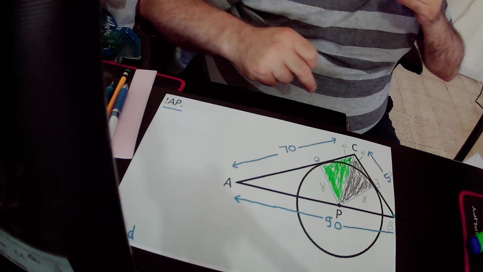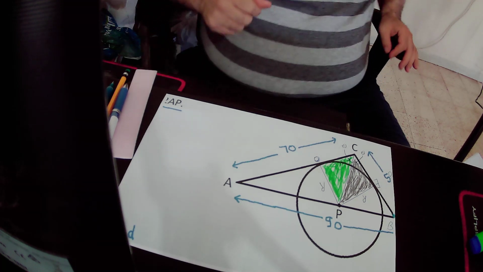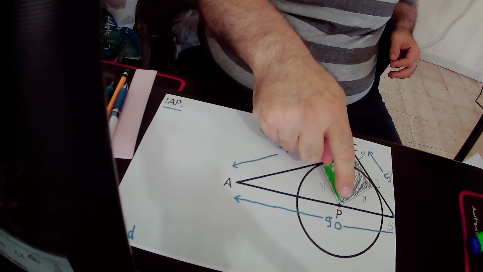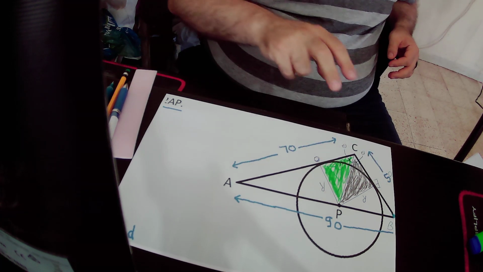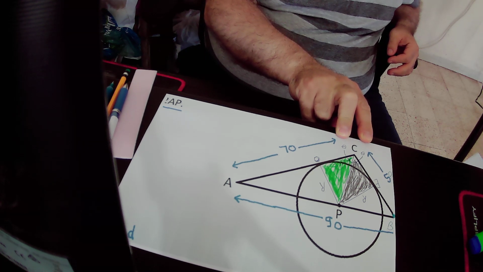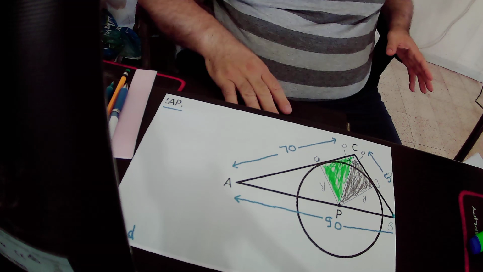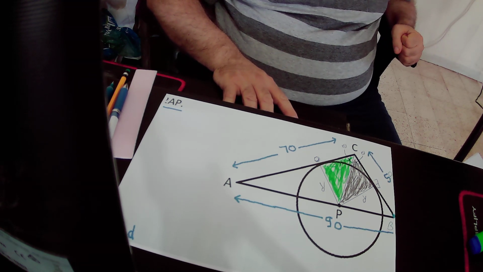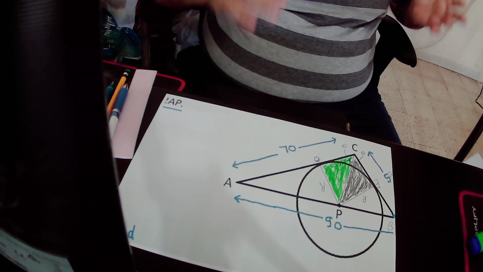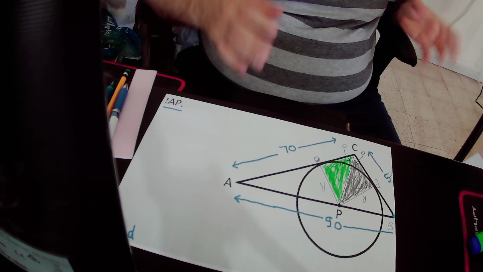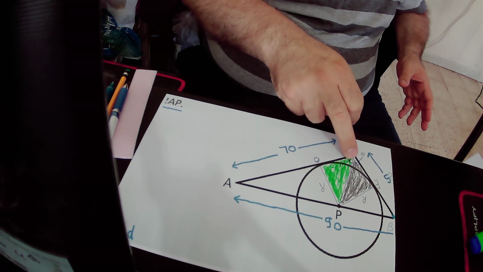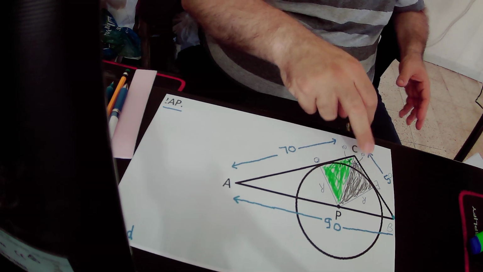And from that we can deduce that angle PCO is equal to angle PCE, and we call those angles theta, according to the rule that corresponding angles in congruent triangles are equal to each other. For that reason, if this angle is theta, this angle also must be theta.